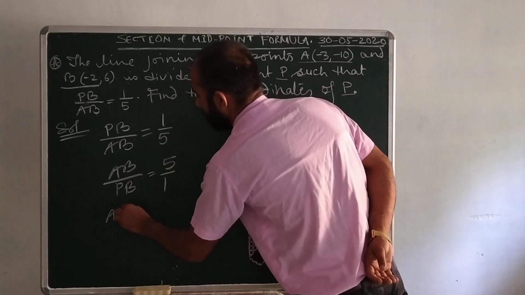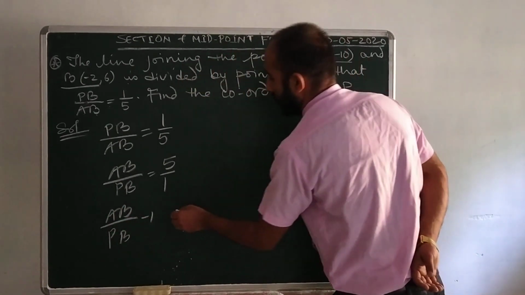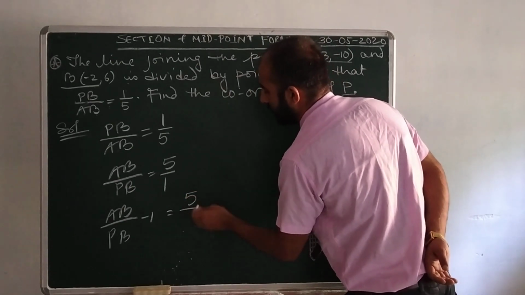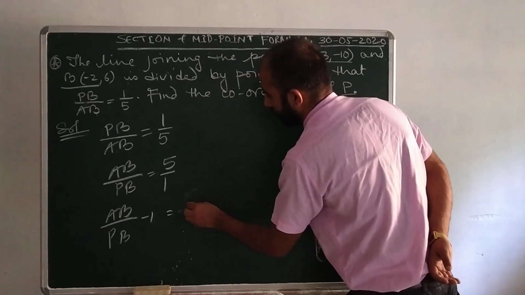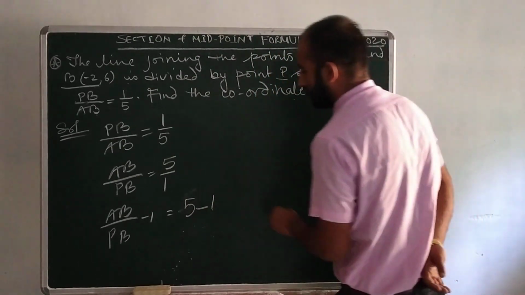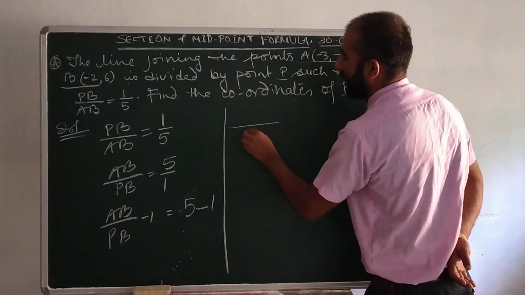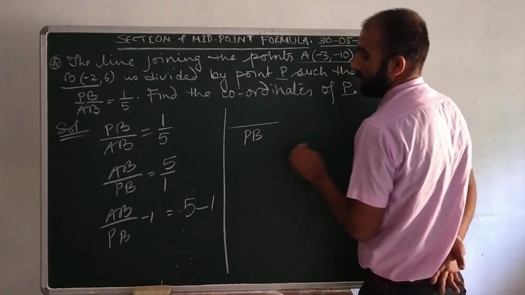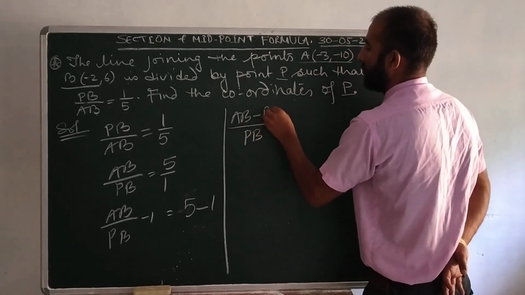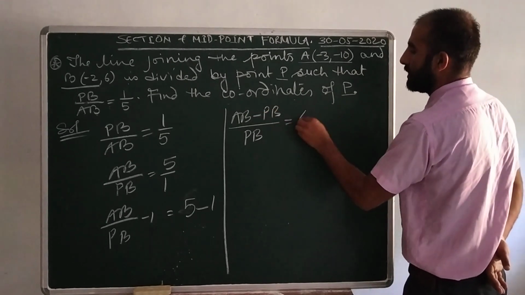That is AB by PB minus 1 equals 5 minus 1. So, if we take LCM, PB will be our LCM, and AB minus PB equals 5 minus 1, that is 4.